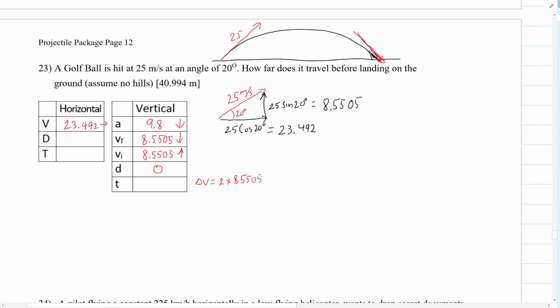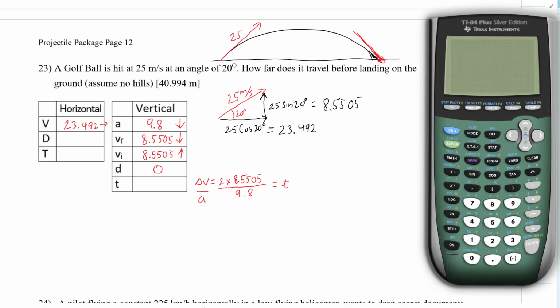Add them both together and divide it by the acceleration of 9.8, and that gives us the time. There are three different ways to do a time, and I'll just do this one. So I'll take that number, multiply it by 2, and divide it by 9.8. The time of the flight is 1.745 seconds.